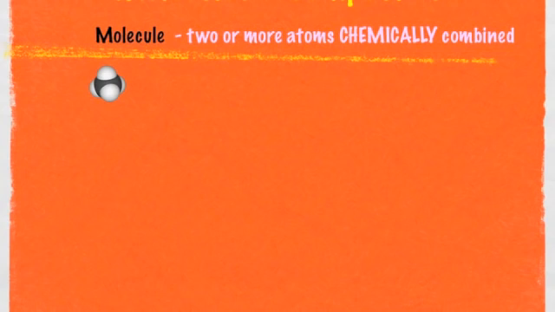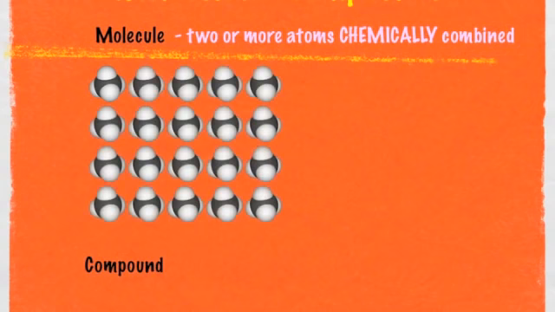So there's a molecule. What's the relationship between a molecule and a compound? Well, the best way to do that is to direct your attention to that molecule there. If that's a molecule, then the compound is this. The relationship that we saw between atoms and elements is the same exact relationship that we see between molecules and compounds.